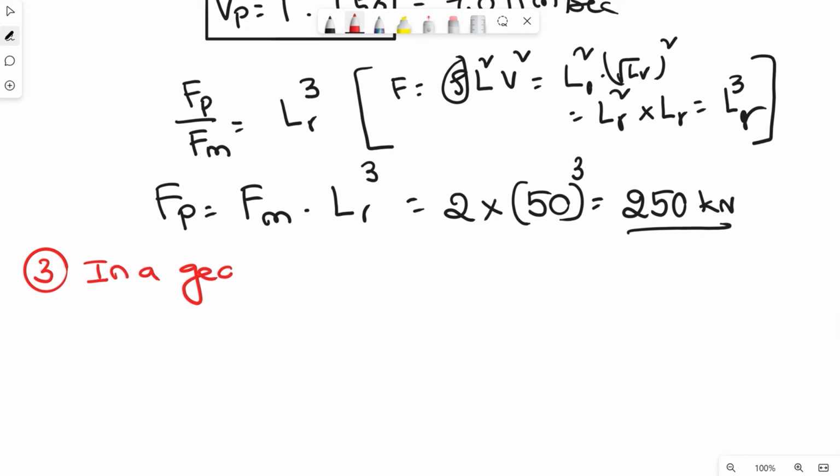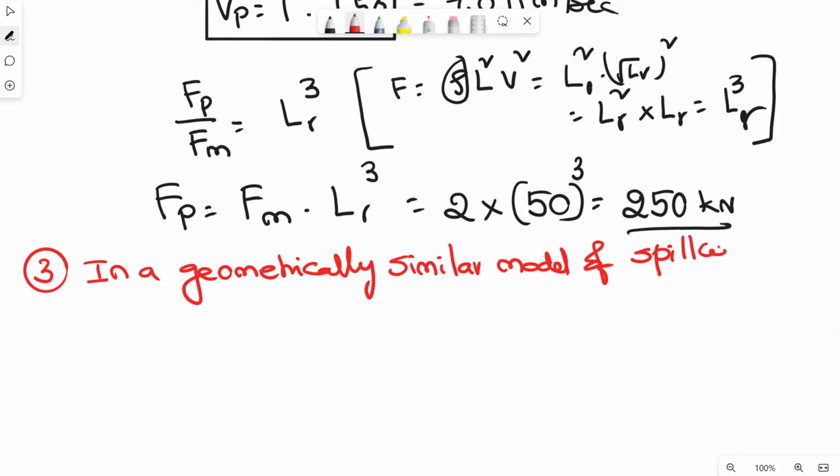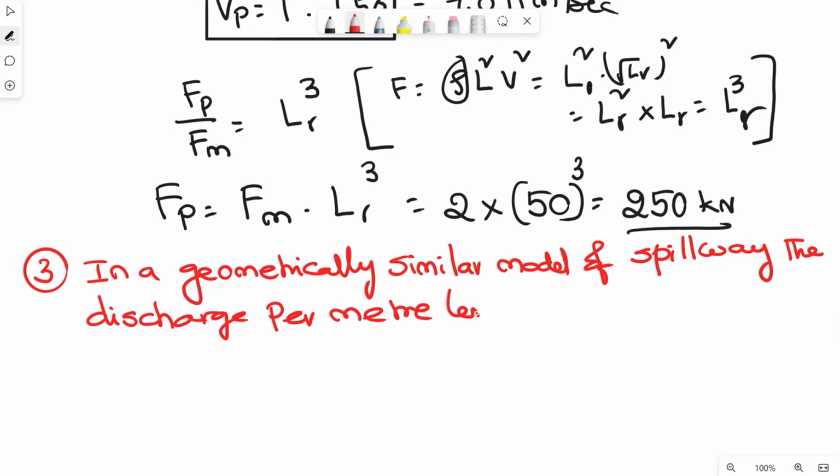In a geometrically similar model of spillway, the discharge per meter length is 1 by 6 meter cube per second.